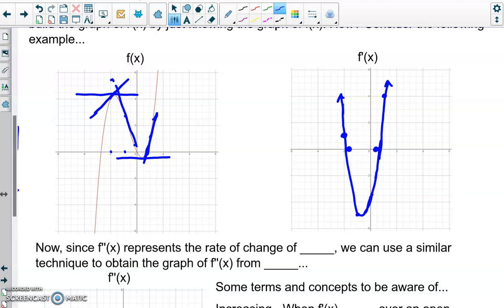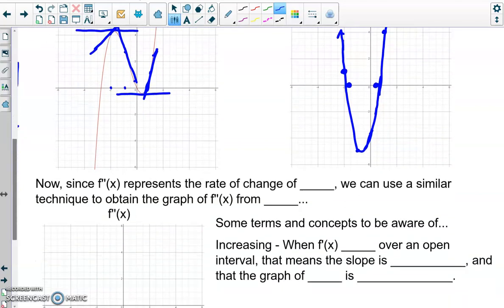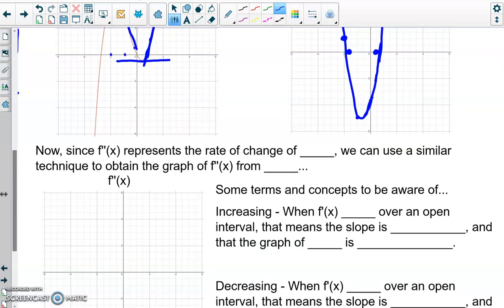Now, since the f double prime represents the rate of change of f prime, we can use a similar technique to obtain the graph of f double prime from f prime.